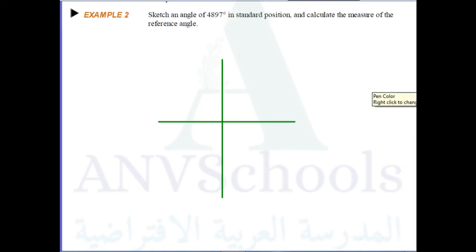Let's label our axes: this is our 0, 180, 270, 90, 360, and so on. So how do we start? Remember the coterminal angles, right?